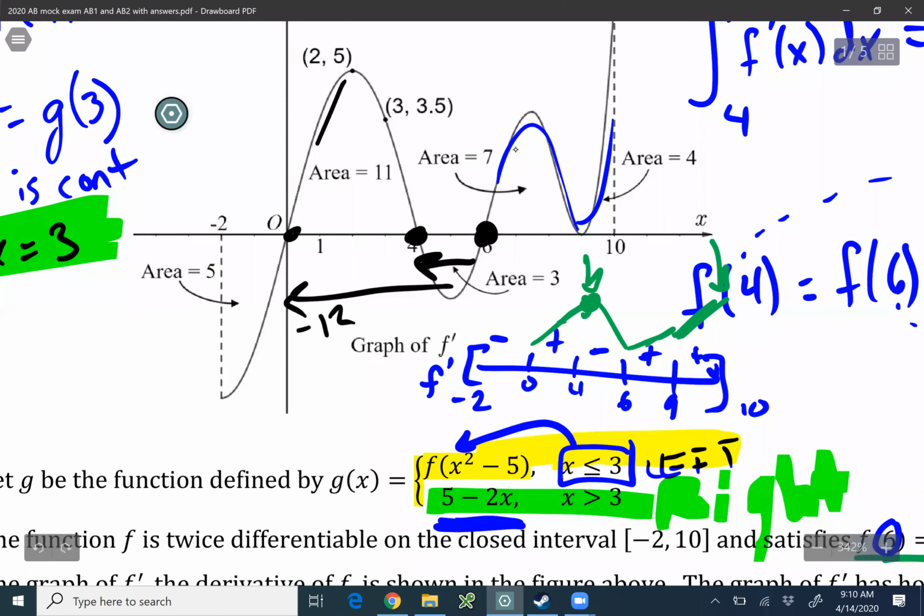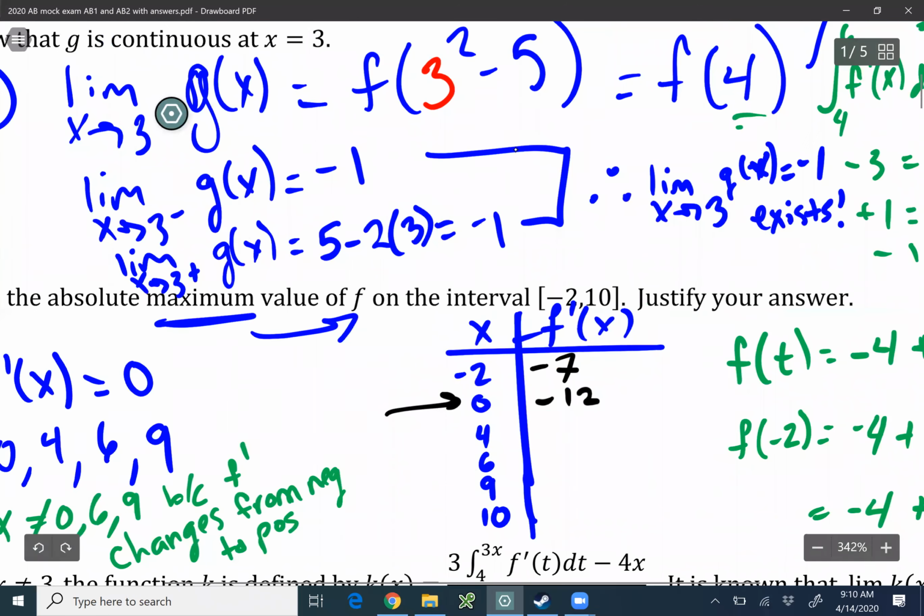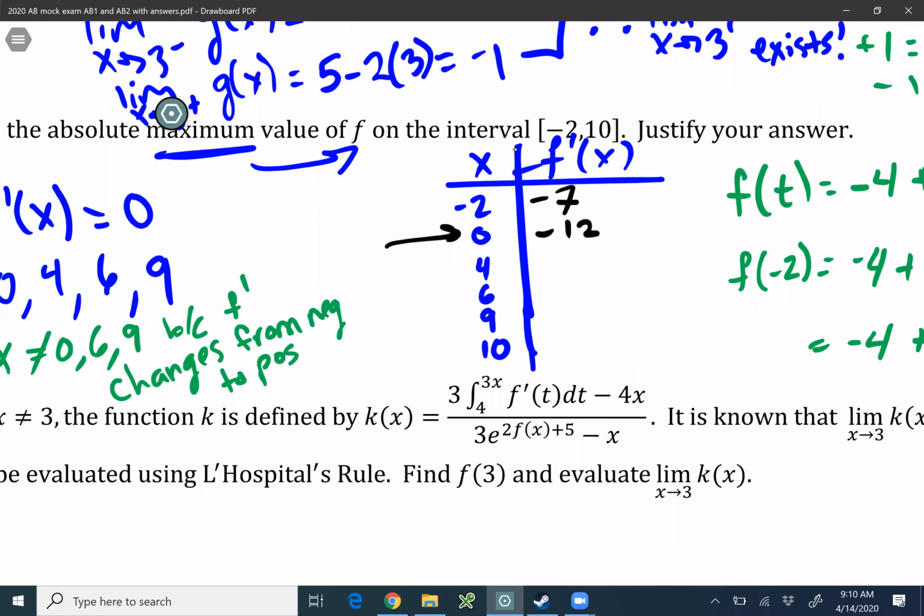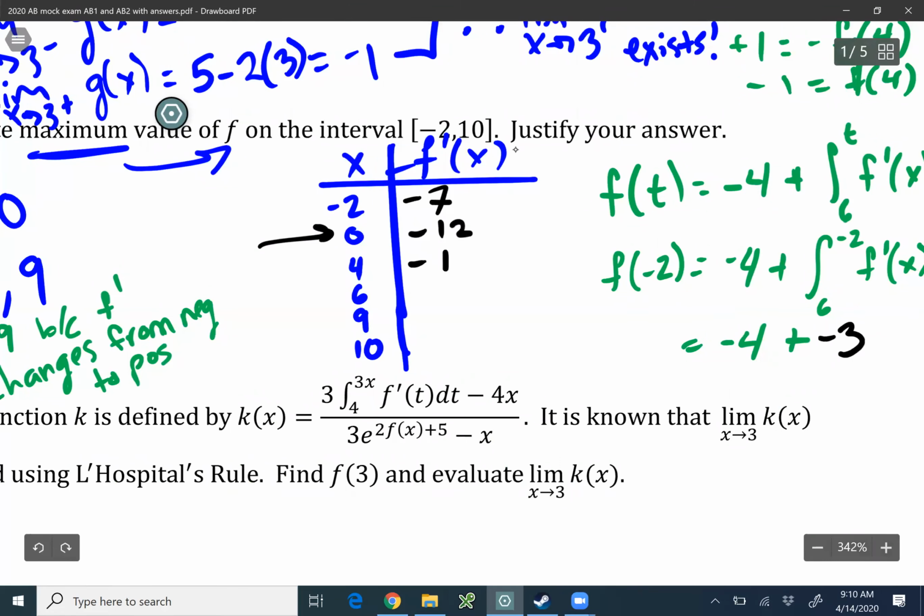So now, if we get rid of this 11, because we're not going to use it anymore, and because we were going backwards, that means that we're going to add on 11 because we had been subtracting it. Then we would get negative 1. Now, you could just keep doing it out this way if you want to. That's fine.